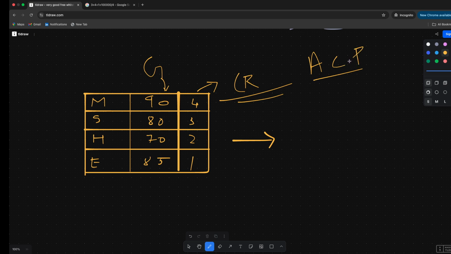Like how did he perform, and how was his progress? Now suppose we calculate performance using the mean.